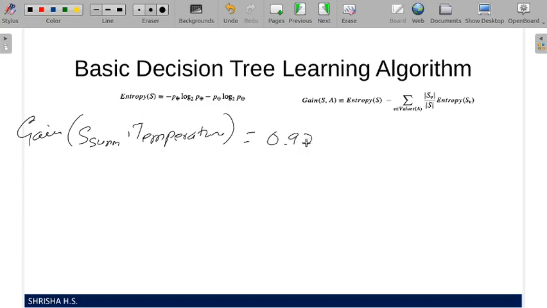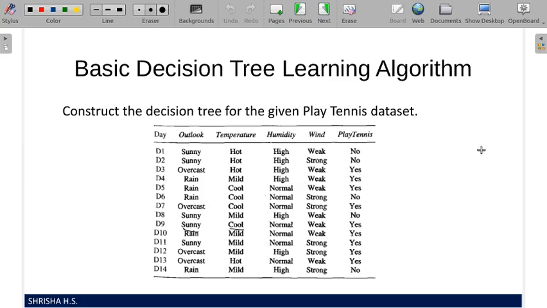Entropy of outlook equal to sunny instances minus the temperature equal to hot instances multiplied by entropy where temperature is hot, which turned out to be 0. Another one, out of 5, temperature equal to mild instances.